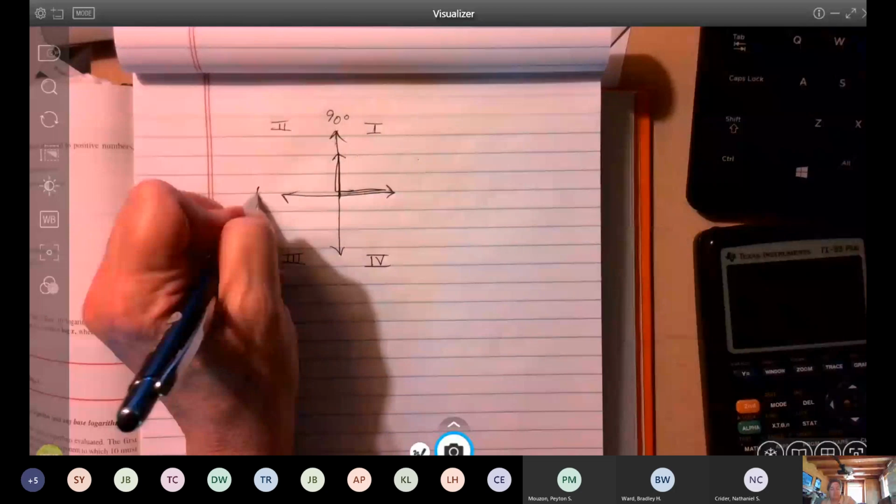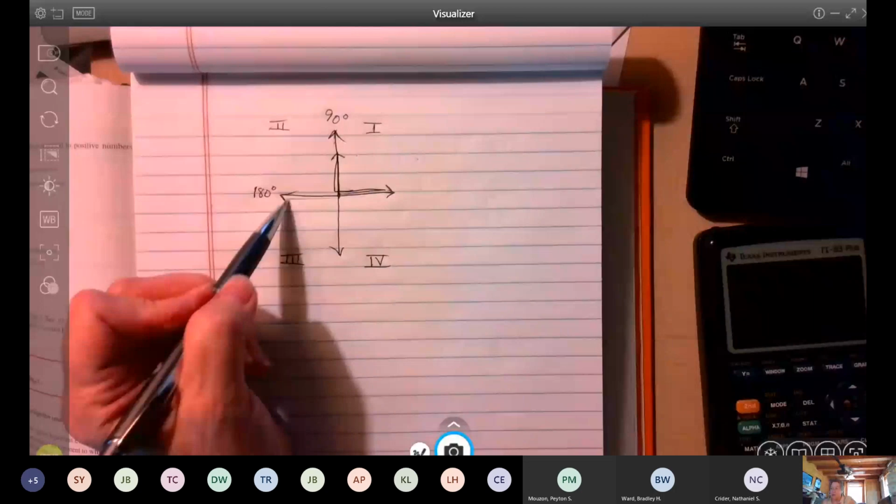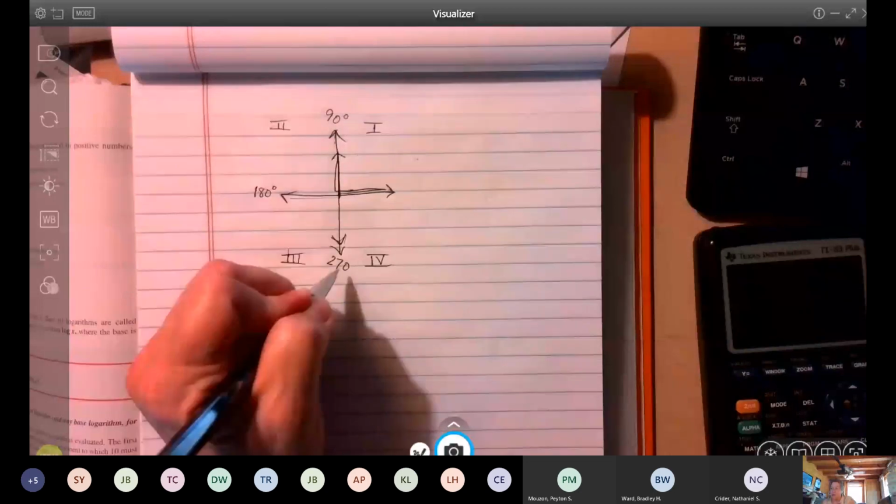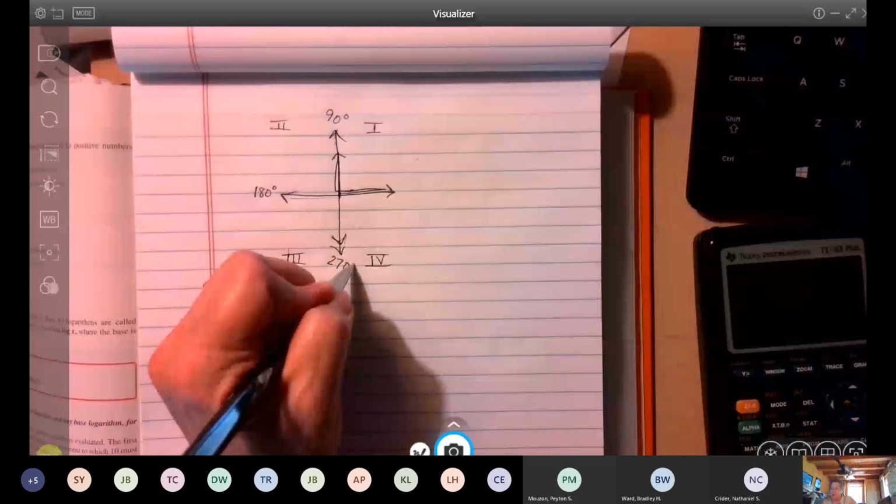And then quadrant 3 is any angle between 180 degrees and 270 degrees. And then quadrant 4 has any angle between 270 and 360 degrees.